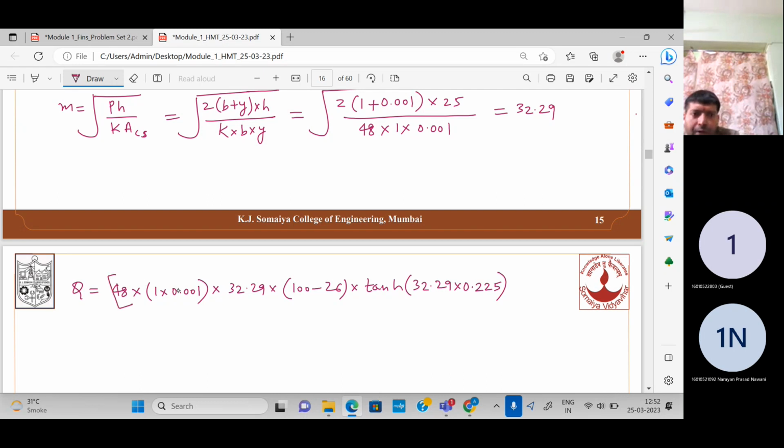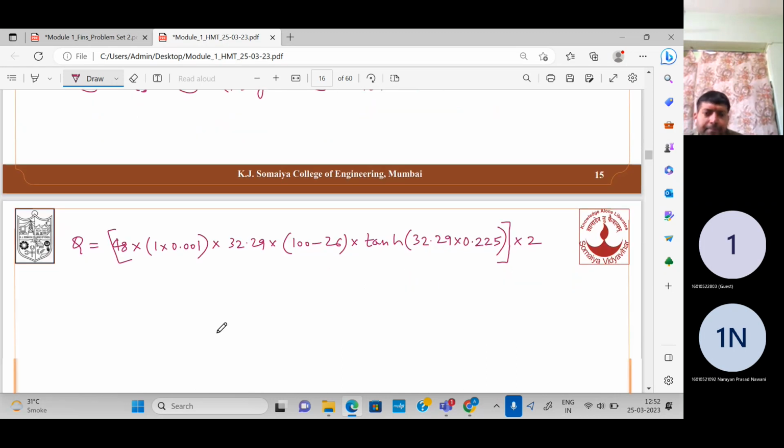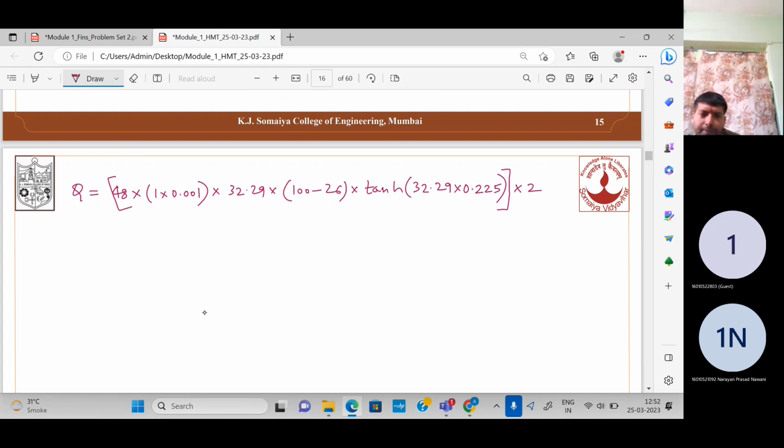And you will multiply this factor by 2. So just calculate this. Q is equal to 229.38 watt.